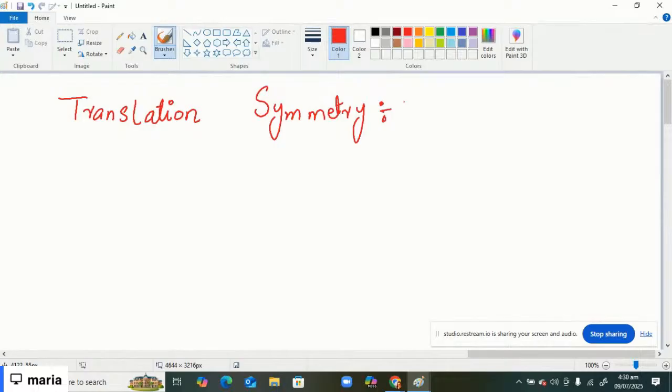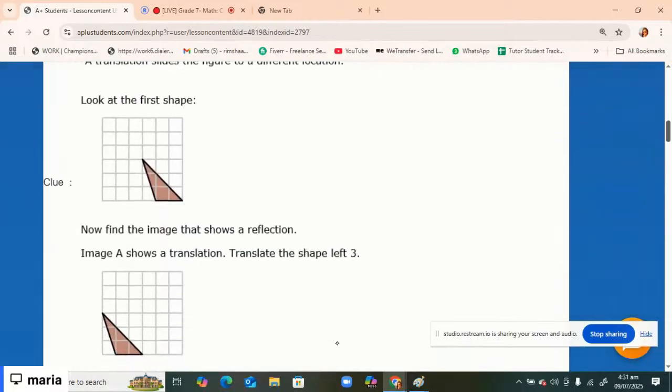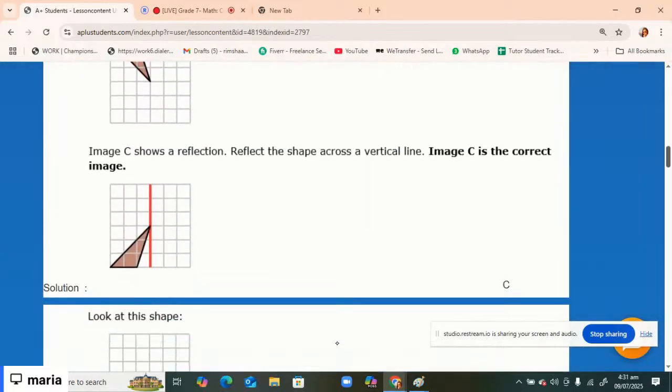Let's suppose an object is moved from one position to another with the same orientation in forward and backward motion, it is called translation. Let's suppose I'm saying sliding an object about an axis. For example, a shape is moved forward and back in the same orientation by keeping a fixed axis. These are the different positions, like, for example, here they are showing.